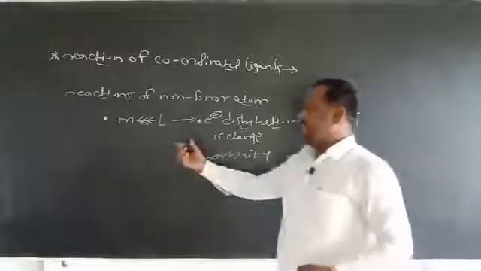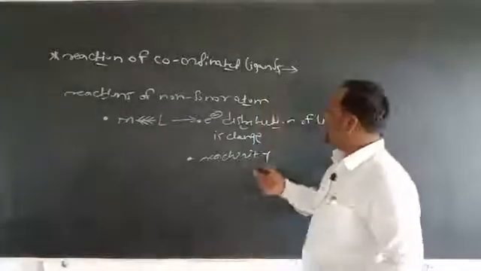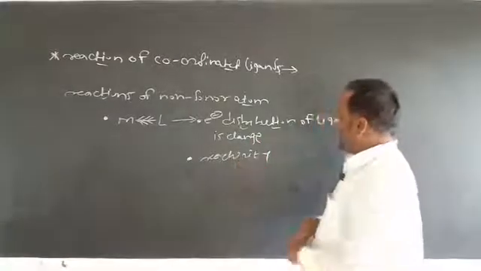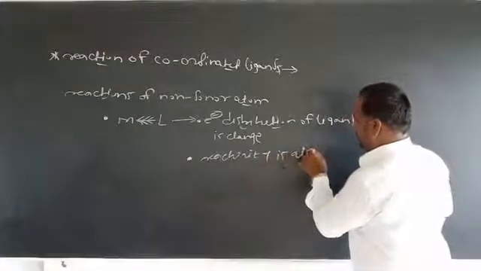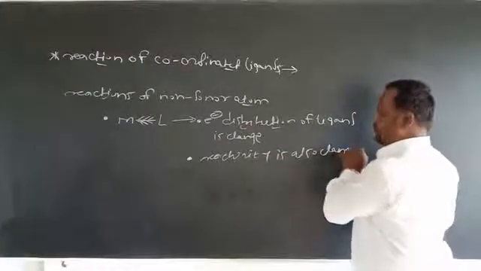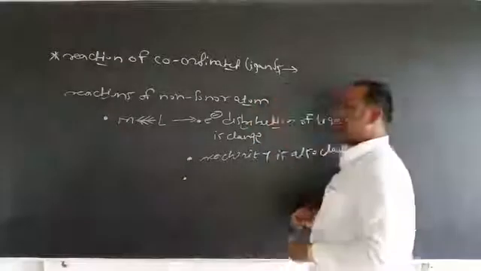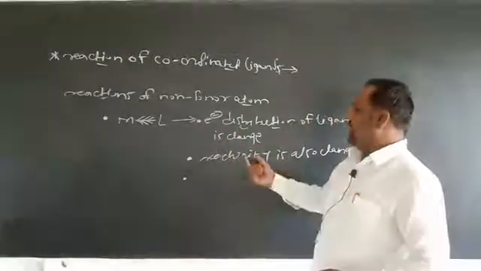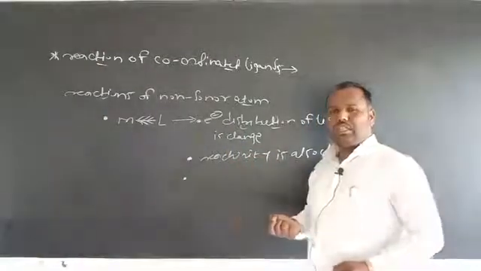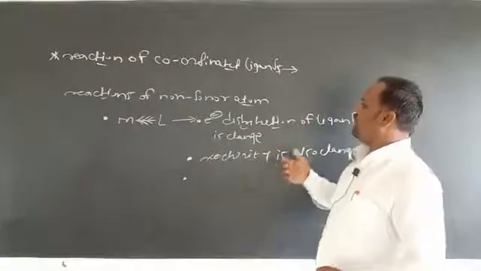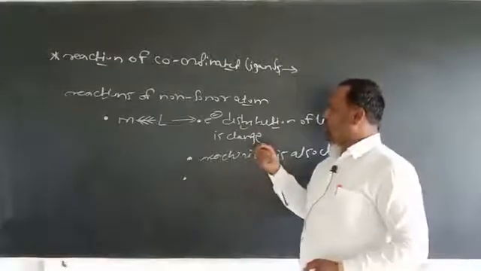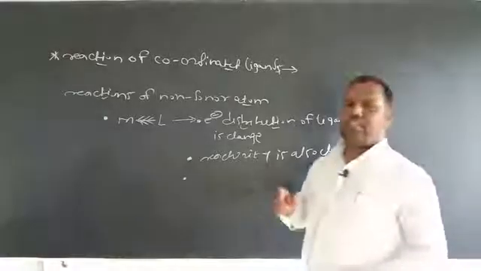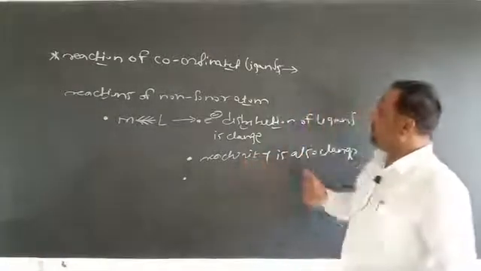So whenever a ligand forms a bond with a metal atom, its electron distribution is changed, and due to the change in electron distribution, its reactivity is also changed. The electrons are disturbed, or the electronic configuration is disturbed.